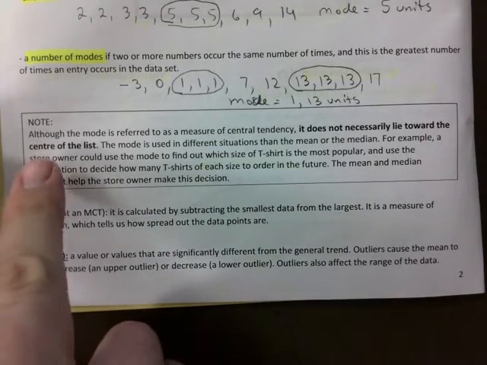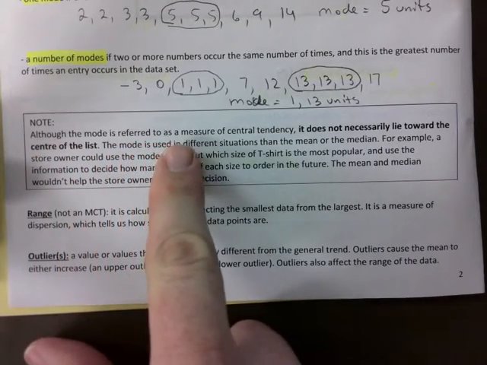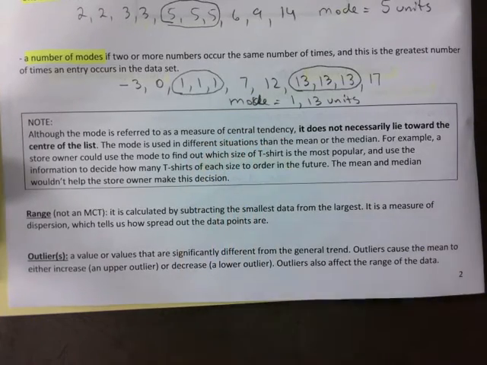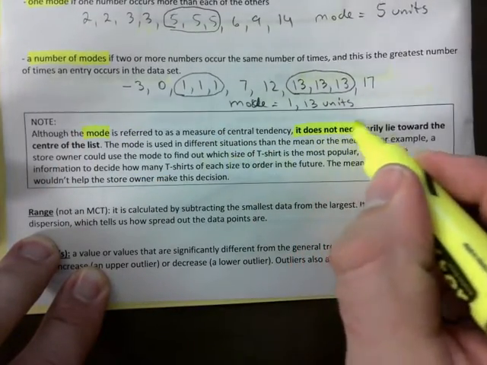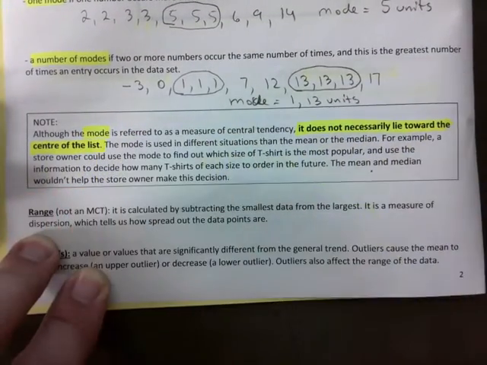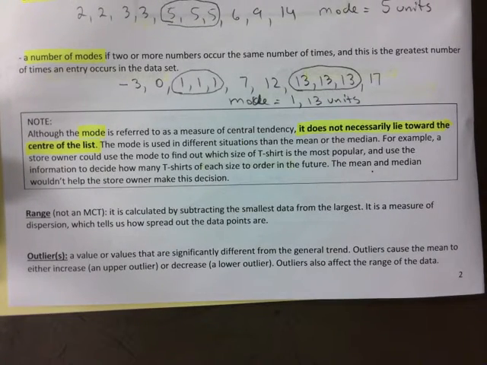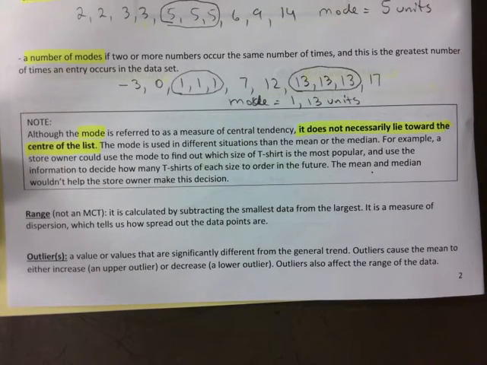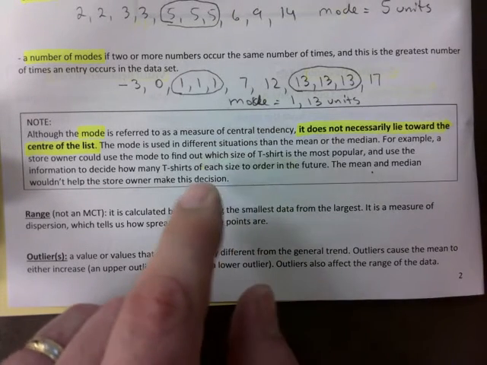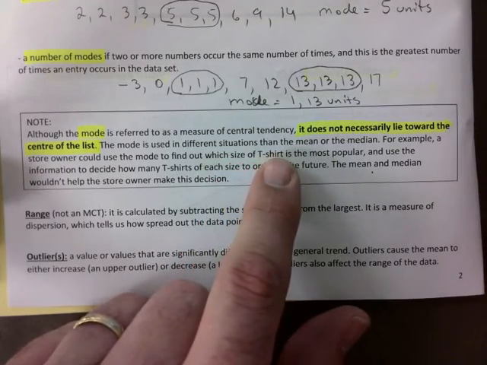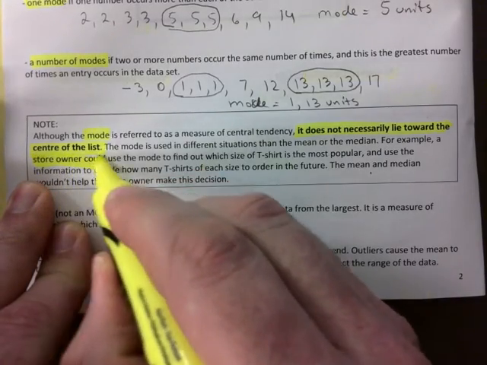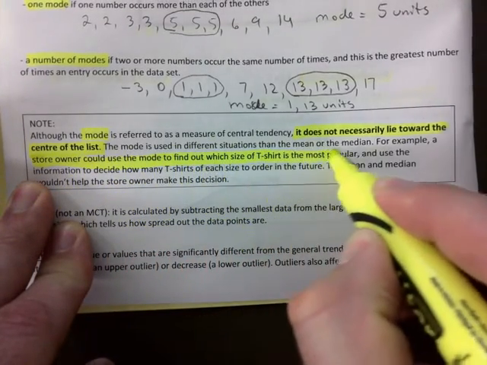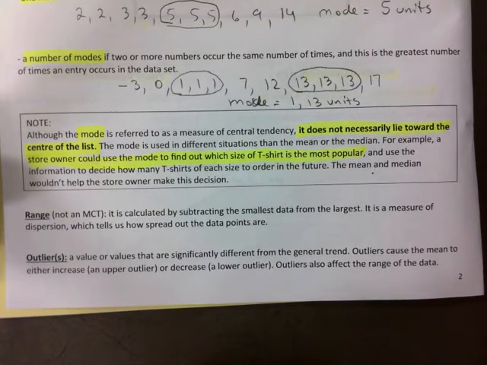Watch this note. Although the mode is referred to as a measure of central tendency, it does not necessarily lie towards the center of the list. It could be way outside, not where most data points cluster around. The mode is used in different situations than the mean or the median. For example, a store owner could use the mode to find out which t-shirt size is the most popular.